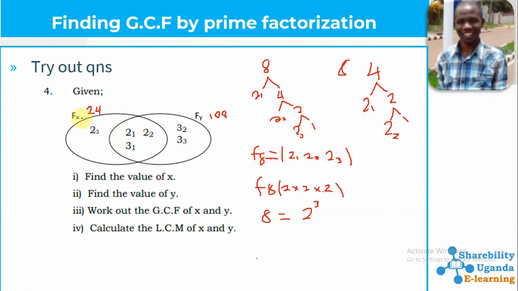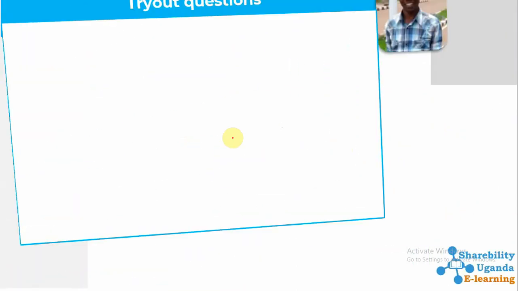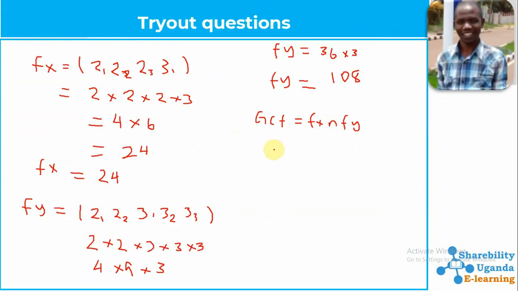We have f of x intersection f of y. We have 2^1, we have 2^1, then 2^2, then 3^1. When we list them out, this is going to be equal to 2^1, 2^2, then our 3^1.